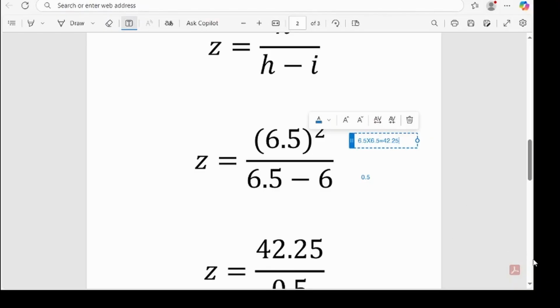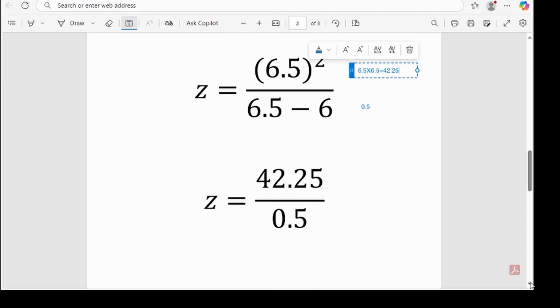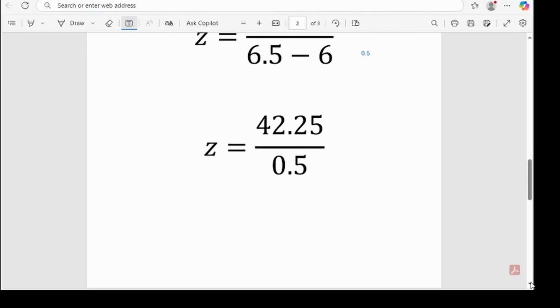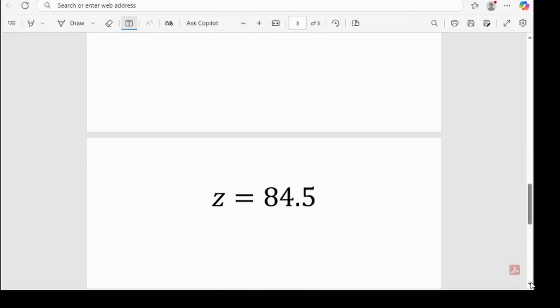So we are going to get our expression as z equals 42.25 divided by 0.5, which is going to give you z equals 84.5 as our final answer, right?